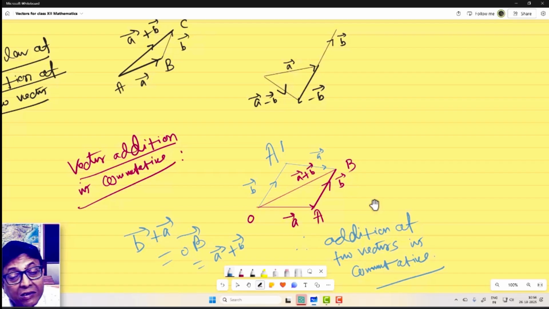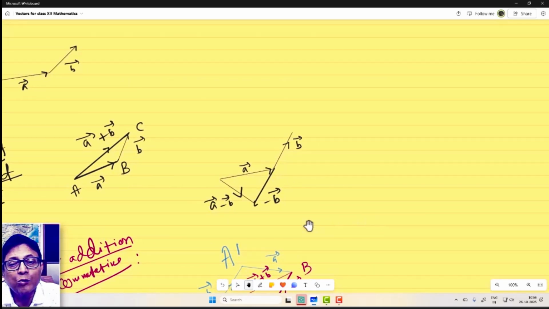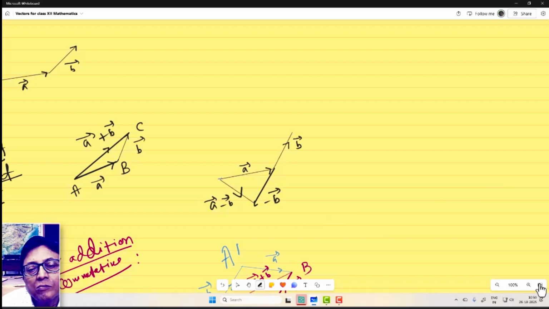But subtraction, no. Subtraction never. In this diagram only. See, for B minus A, we just take the A vector from here and draw it in the opposite direction.